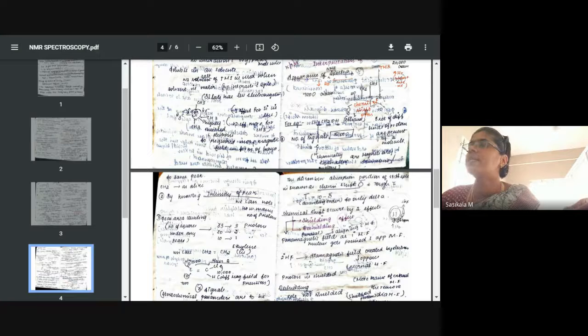What is the x-axis? Chemical shift. Chemical shift is nothing but the shift of sample protons from standard protons, how much distance it is shifted. The difference between sample proton absorption and standard proton absorption is known as chemical shift.